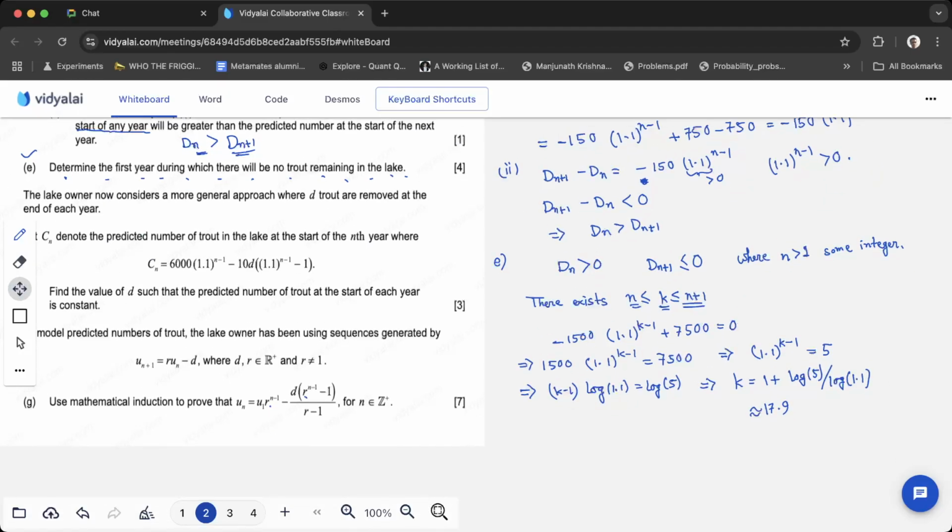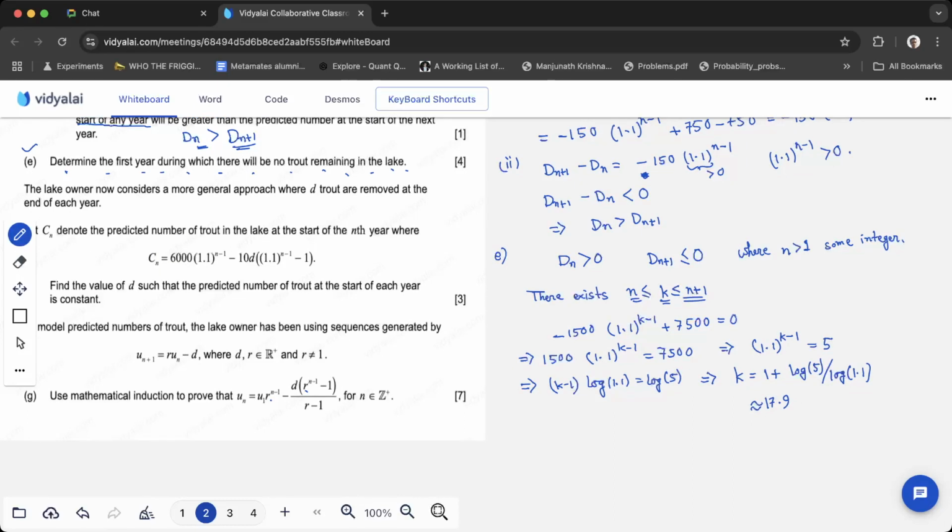And so k is 17.9, and k lies between n and n plus 1, or 17.9 lies between 17 and 18. So D17 would be greater than 0, and D18 would be less than 0.